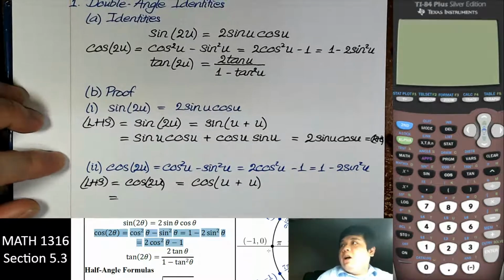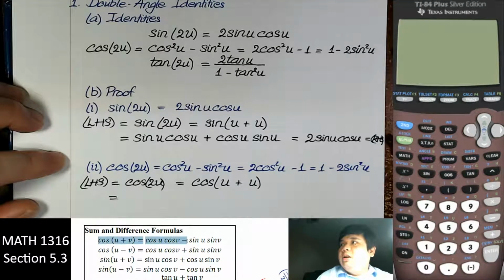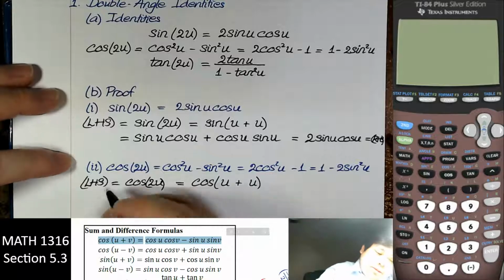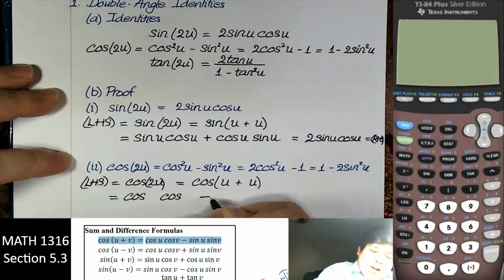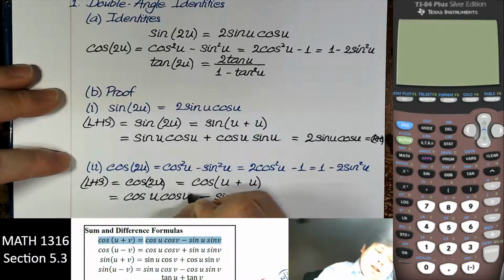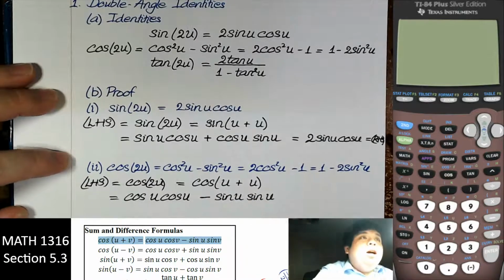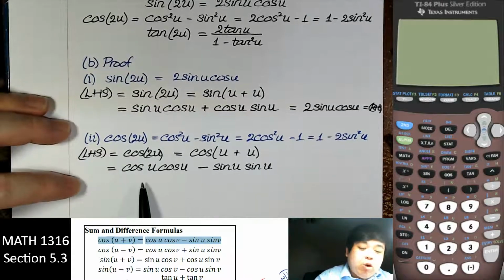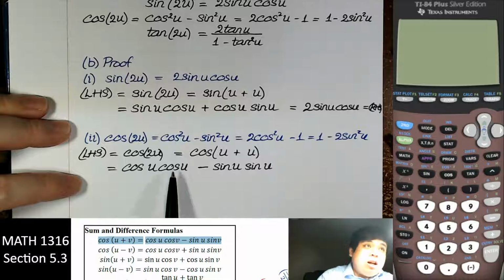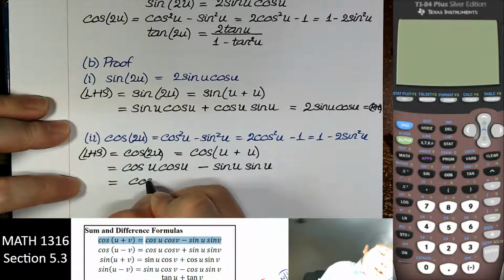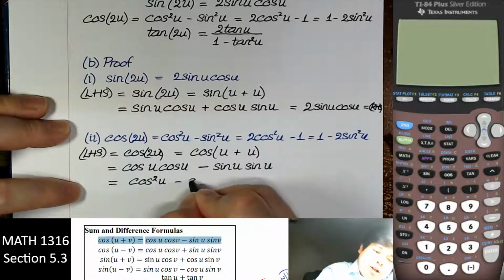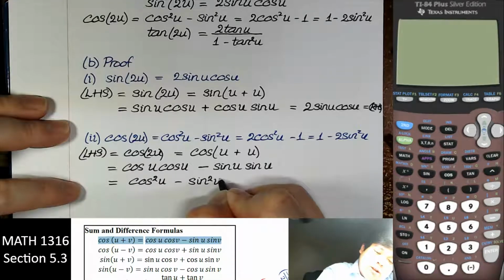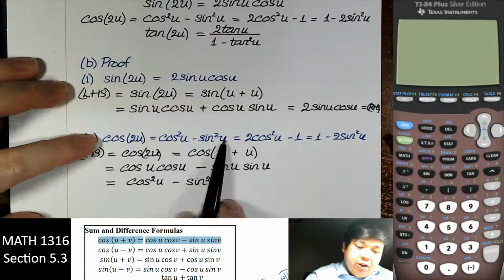And the formula for cosine of a sum: cosine cosine minus sine sine. The angles are u, both of them. So this one obviously cosine times cosine is cosine square minus sine square. Right, so we have the first part of it.